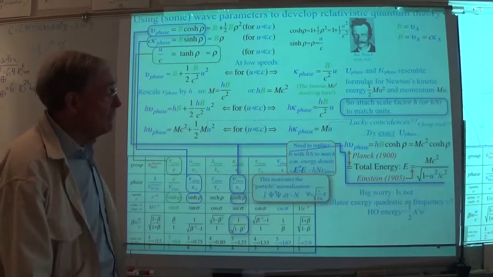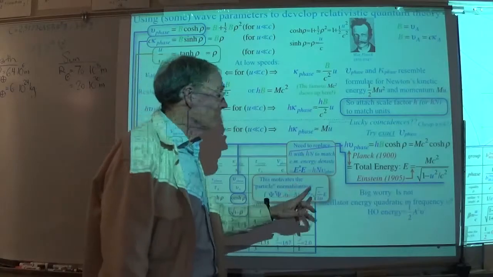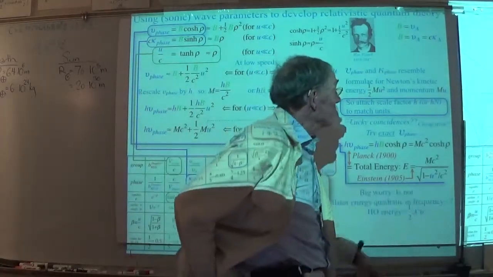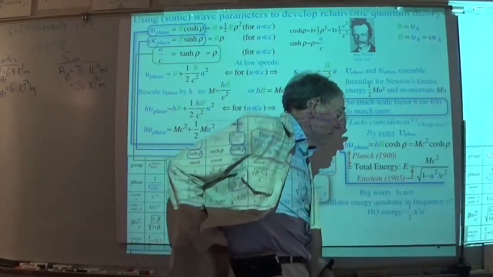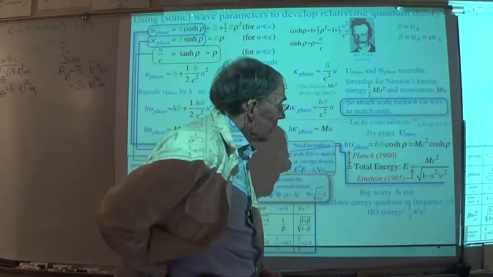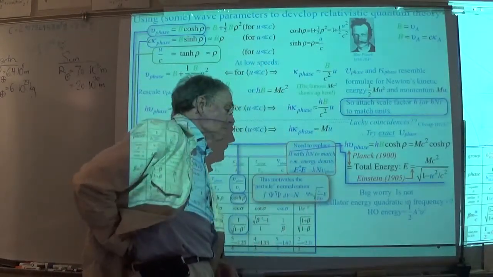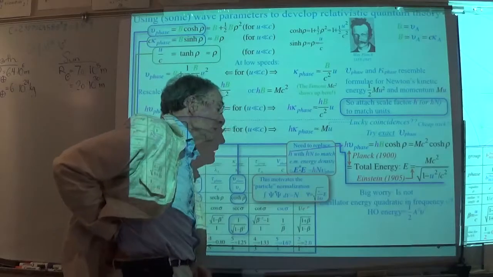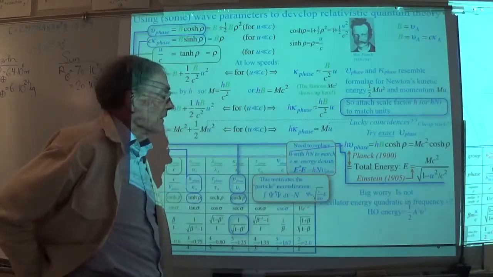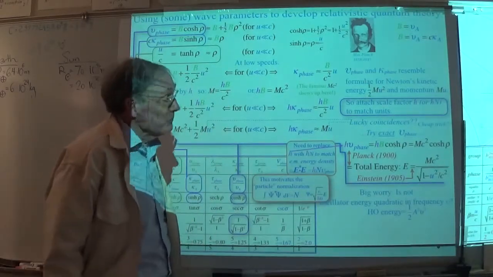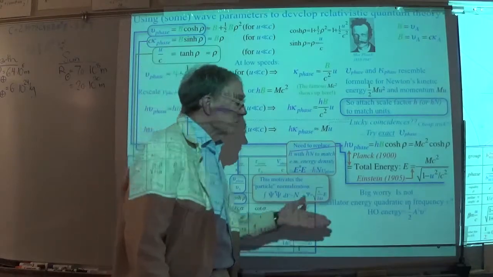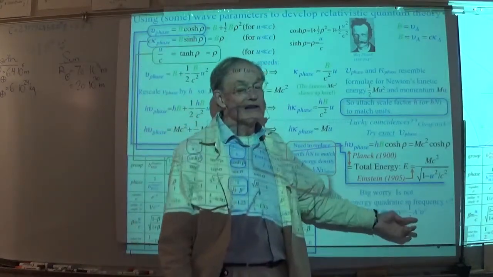But there's still this big worry. Is not an oscillator energy quadratic in the frequency? This is one of the things that Planck seemed totally at a loss about, that he'd made some horrible mistake: how can I ever get my energy back the way it was in my harmonic oscillator class, right?